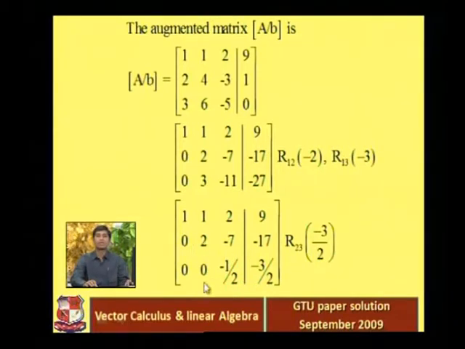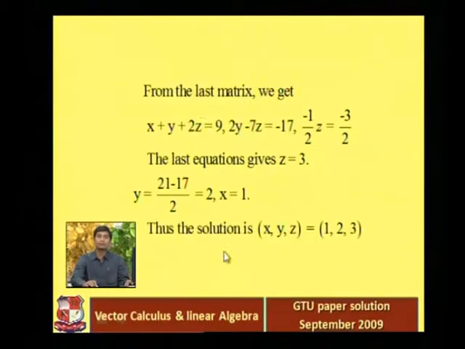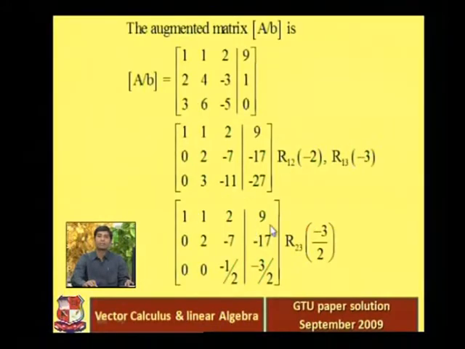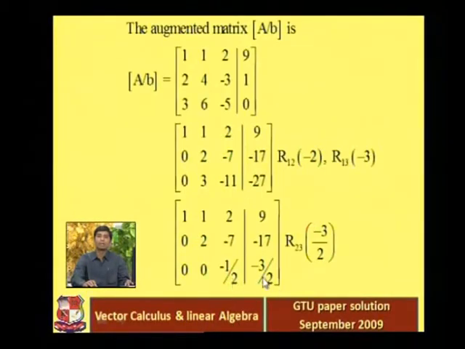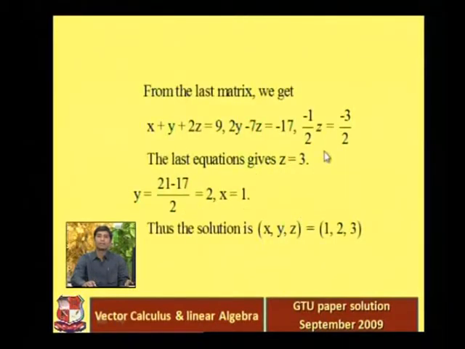So just write down the equations from this augmented matrix, this row echelon form matrix. x plus y plus 2z is equal to 9, it's coming from the first equation, right? From the second equation, 2y minus 7z is equal to -17, and from the third row we get minus z by 2 is equal to -3 by 2, right?